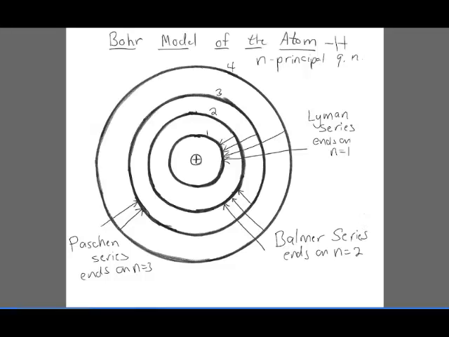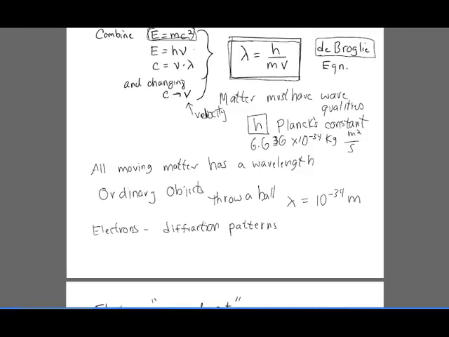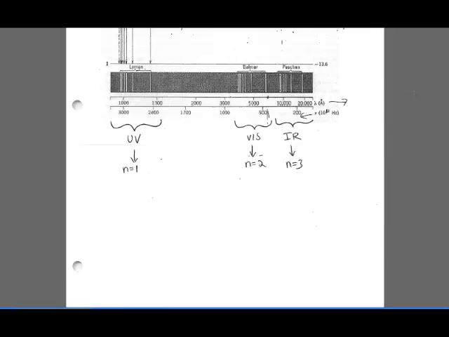I'll go back up and show you that spectrum. Remember this spectrum: we have the Lyman series, the Balmer series, and the Paschen series, and we also mentioned what n level those lines end on.